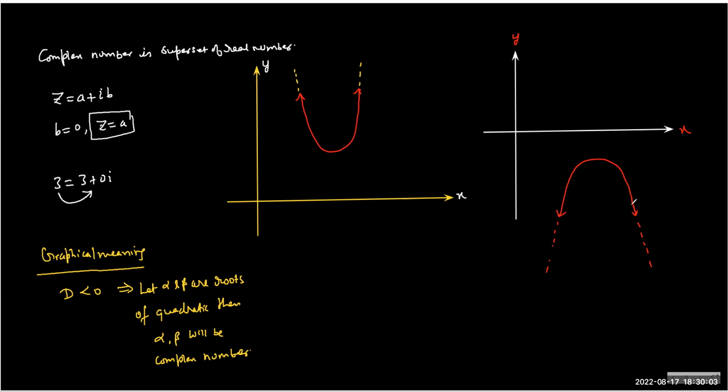And therefore, there are two possibilities of graph. The first possibility you will get if a is a positive number, and the second when a is a negative number. So this is a positive and D negative. This is a negative and D negative. So these are the two graphical meanings when roots are imaginary. If you plot it, it will look like this: an upward parabola or a downward parabola, where if a is positive it is upward, and when a is negative it is downward.